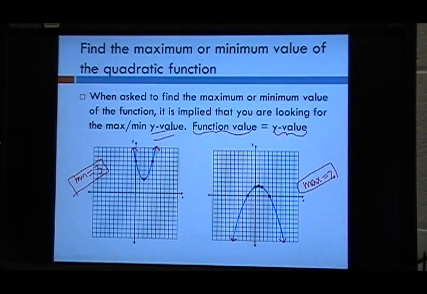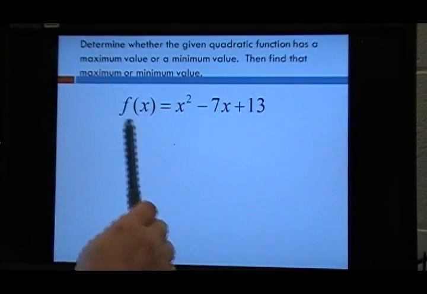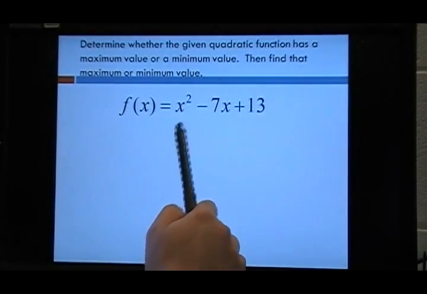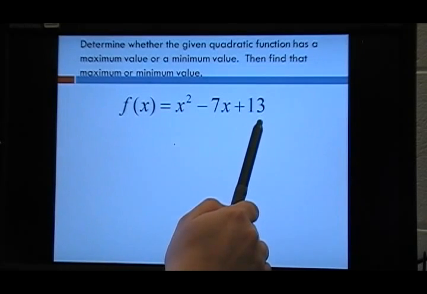Okay, so if we go on with that, determine whether the given quadratic function has a maximum or minimum value, then find that maximum or minimum. When I look at this quadratic function, I know that the graph of every quadratic function is a parabola.